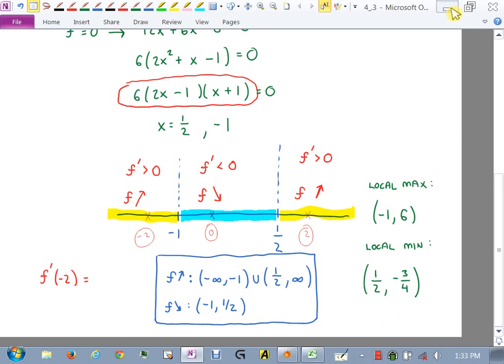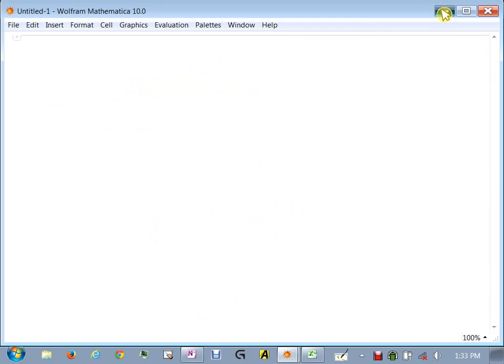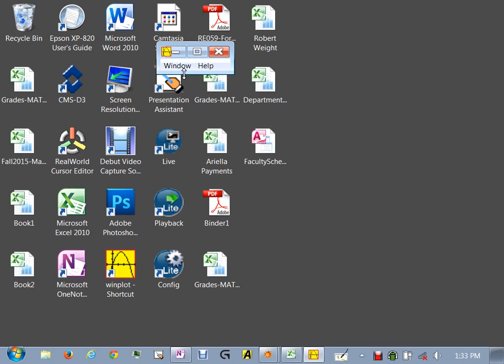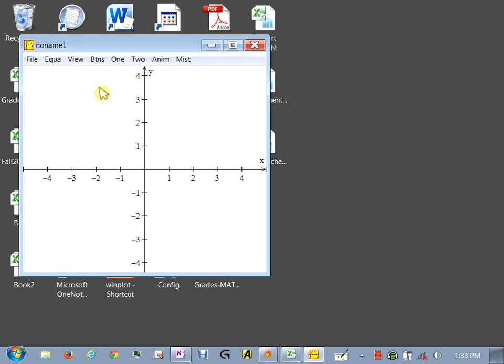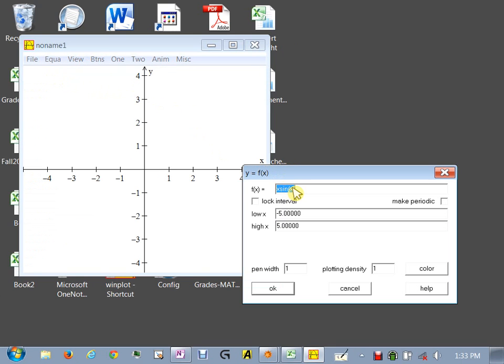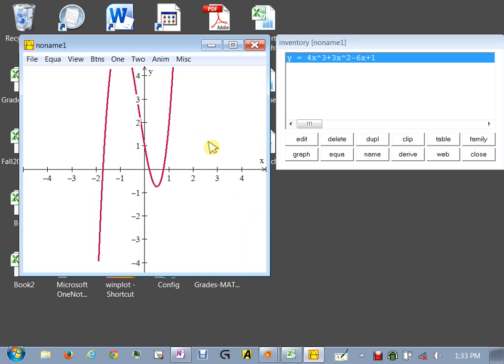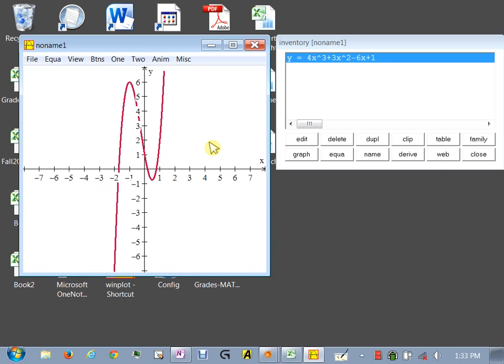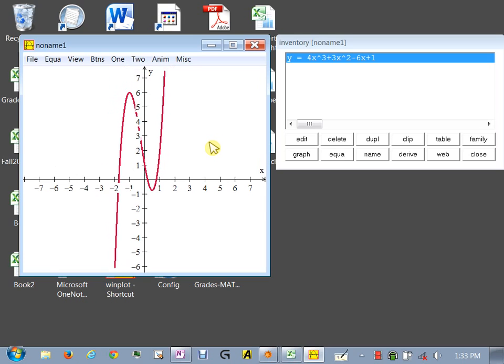Now, we're going to check it. So I'm going to graph it and verify it's x to the, wait, oops, no. Go ahead, 4x what? All right, there's the graph.